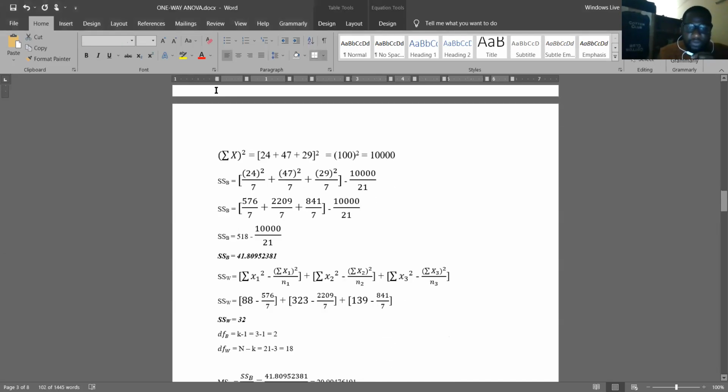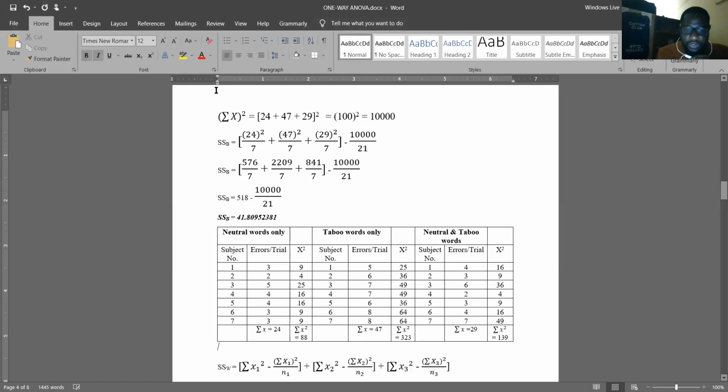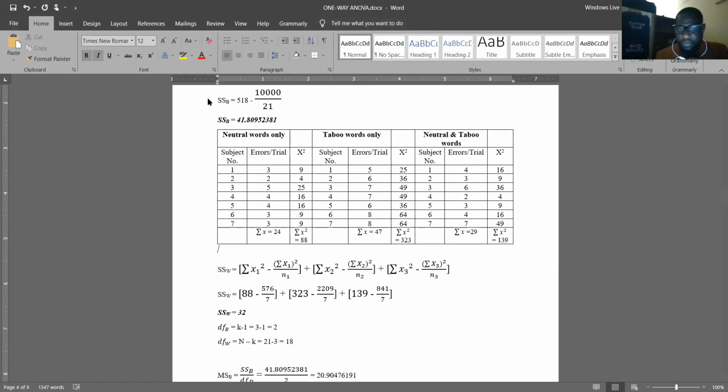So this is a table, and this is the formula for sum of squares for within. You're supposed to find sigma s squared. We've already found sigma s squared for group 1, 2, and 3. So it will be sigma s squared, which is 88, minus sigma x all squared, which we had to be 24 squared. And 24 squared should give you 576 over 7.